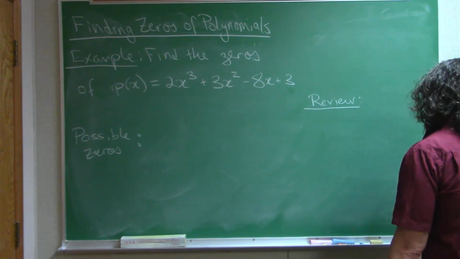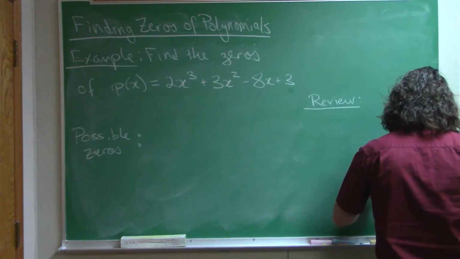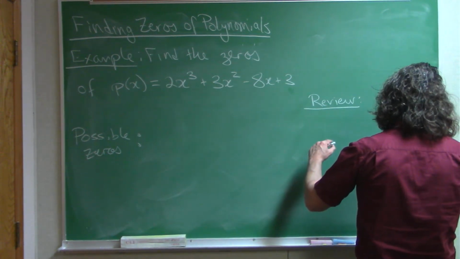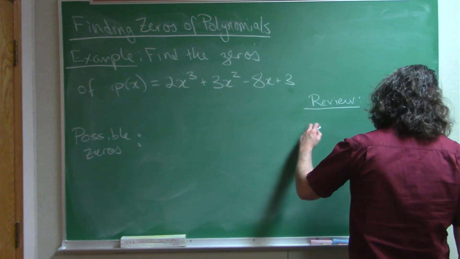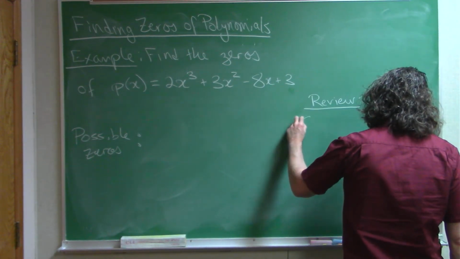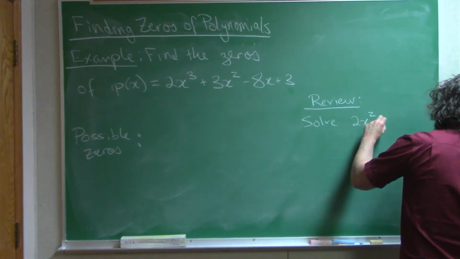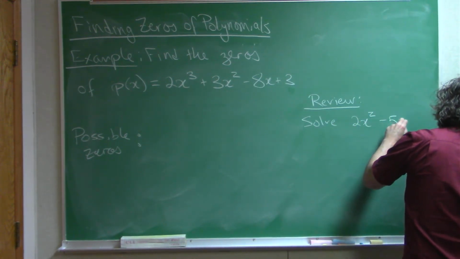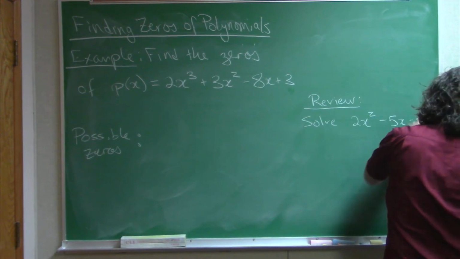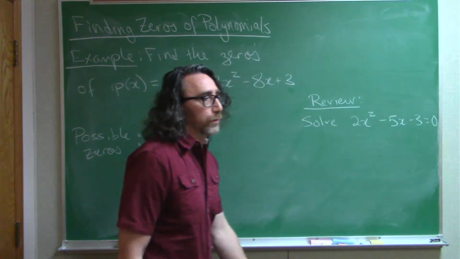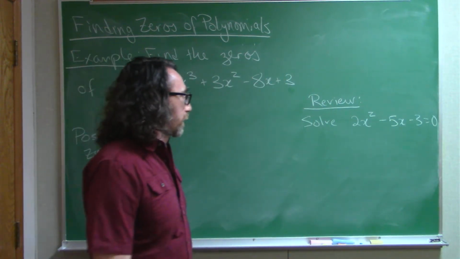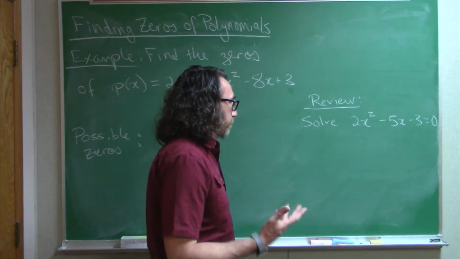Let me show you why. If I were to do this, let's do 2x squared minus 5x minus 3 equals 0. Let's say I wanted to solve that equation.